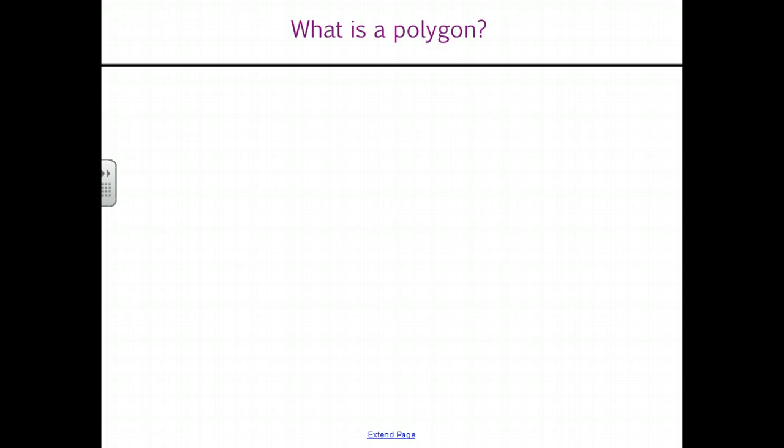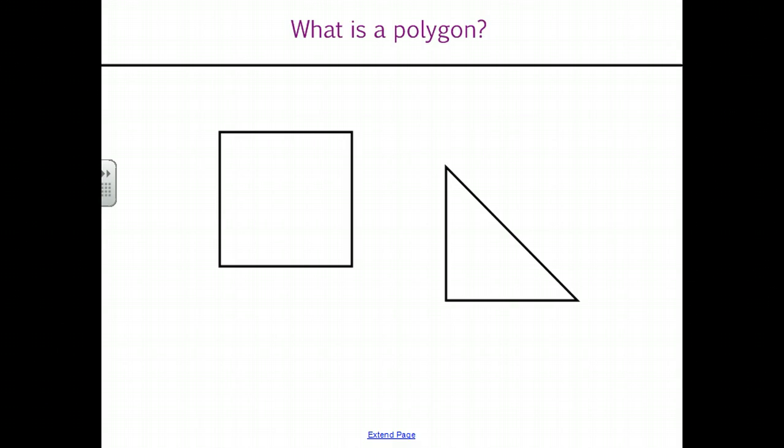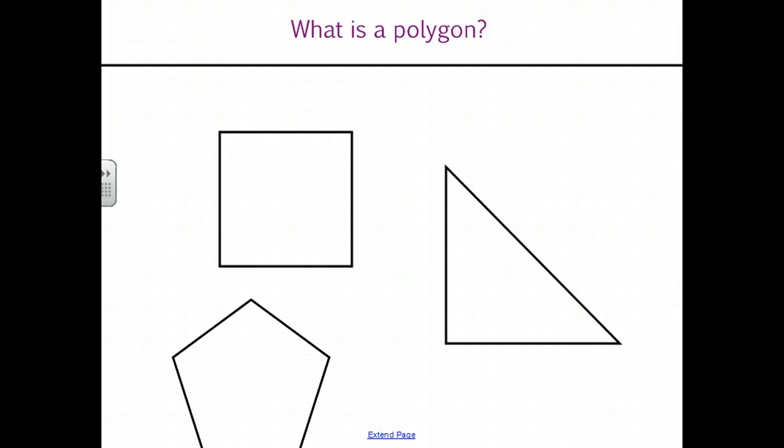Now, of course, we can say that any polygon is a type of shape that we are familiar with. Polygons, for example, are squares. Squares are polygons. Triangles are polygons. Other shapes like pentagons are polygons.